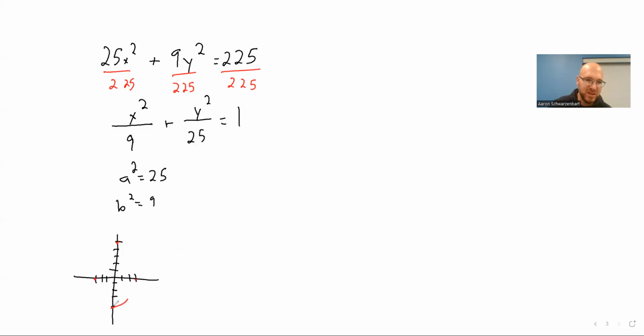So I know my foci here are going to be along my major axis, which is in the y direction. And I know that my foci, let's do c squared, are c squared from the origin. That's 16, c equals 4.